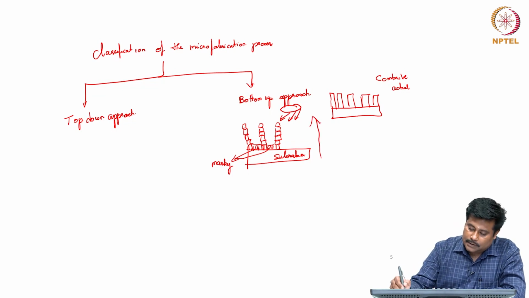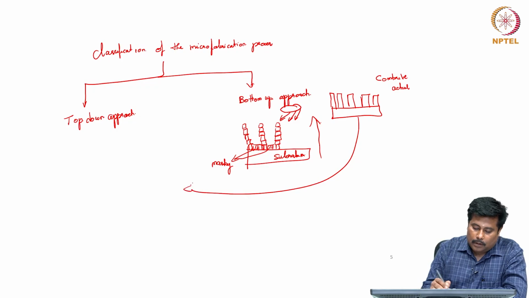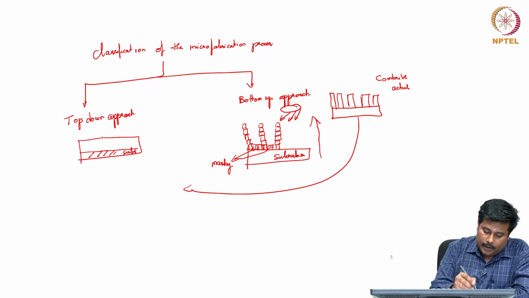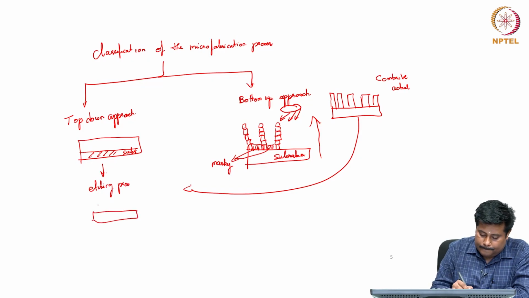structure. Next, when we try to talk about a top down approach, let us consider I have a bulk layer. So, that is the substrate, and over the substrate we have a bulk layer, and what we are trying to do is, using an etching process, again we create a mask over here.